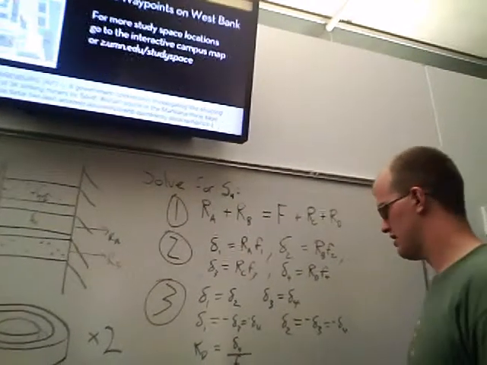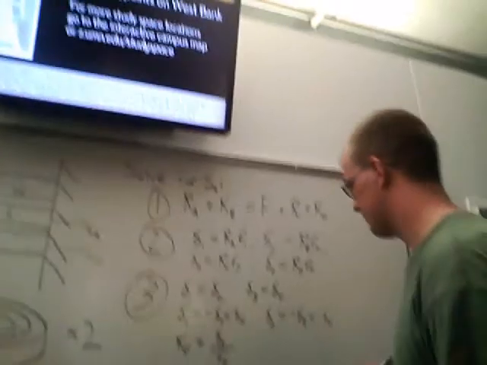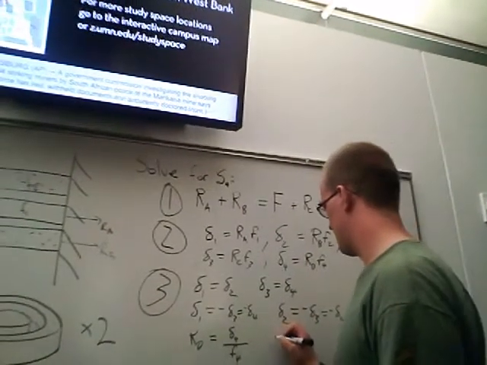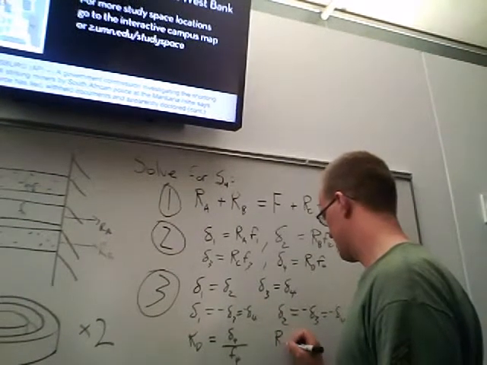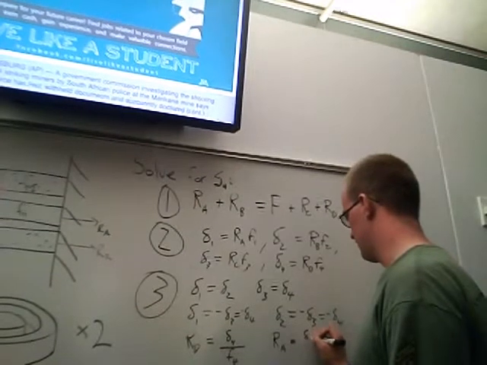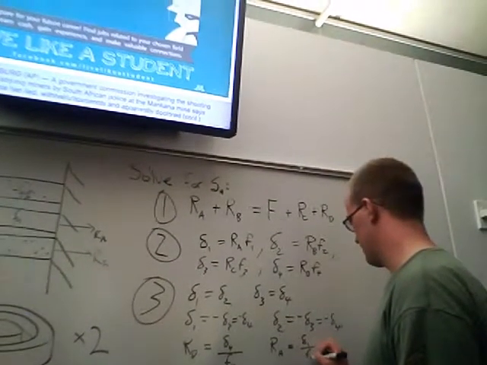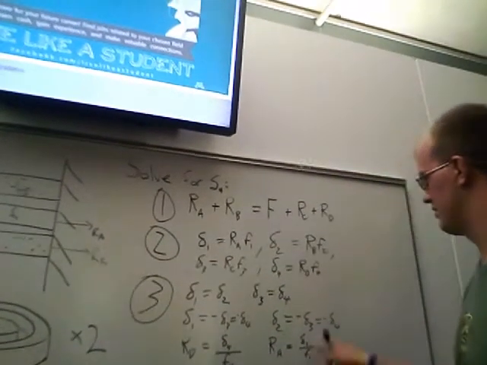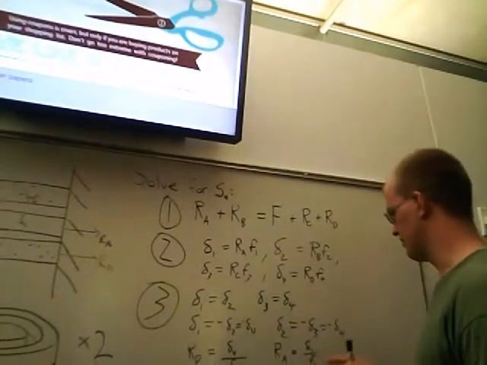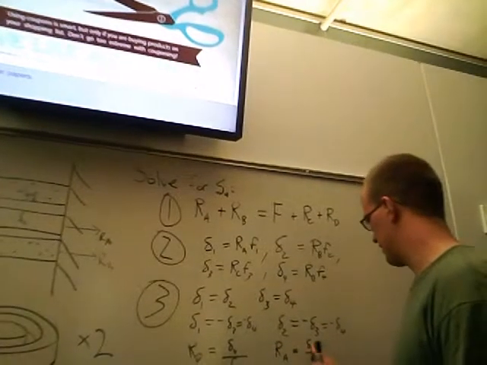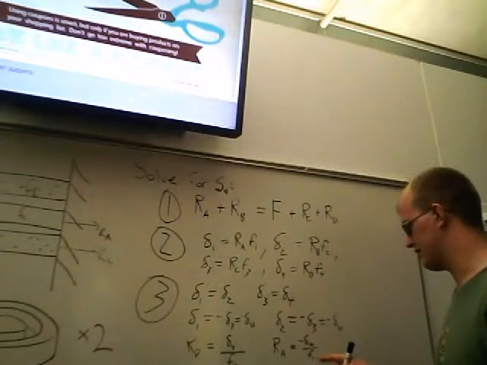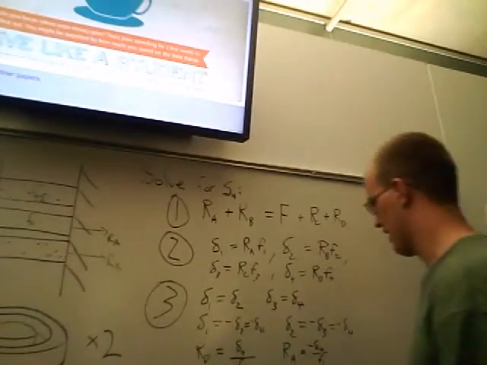And then RA is equal to delta 1 over F1, right? But we know that delta 1 is equal to negative delta 4, so we're going to replace that. So negative delta 4 over F1 is equal to RA.